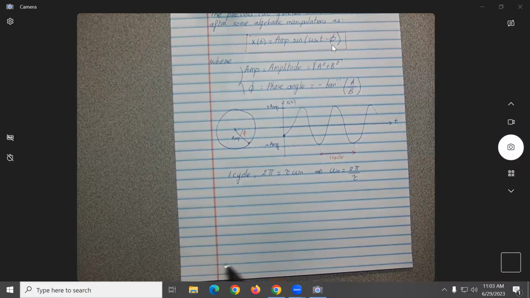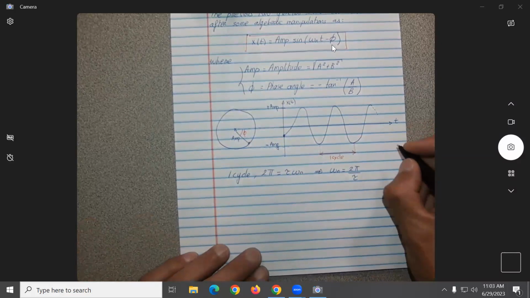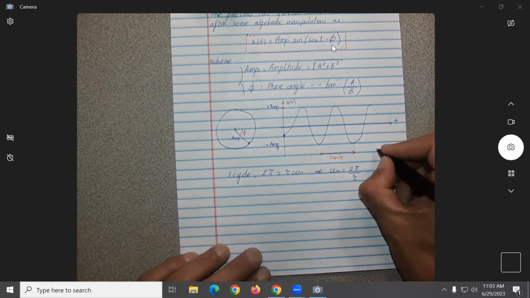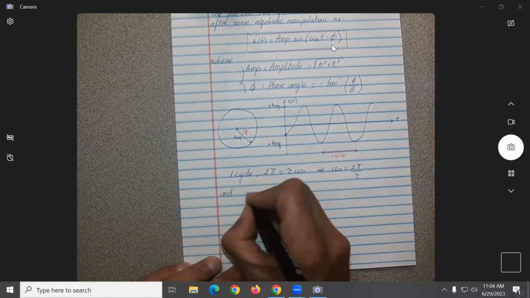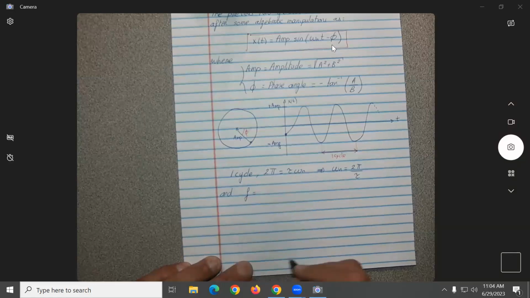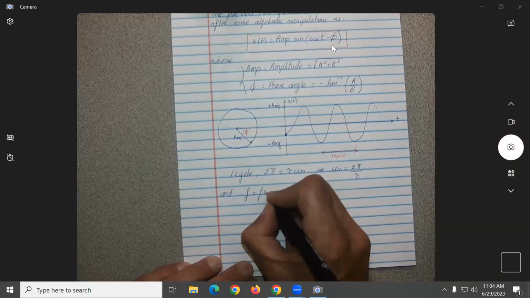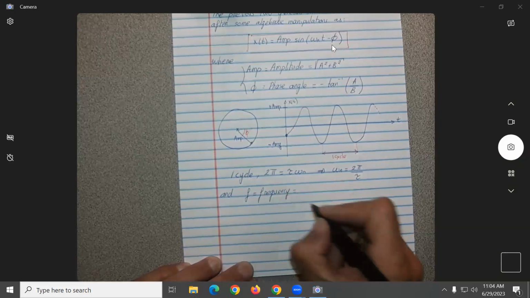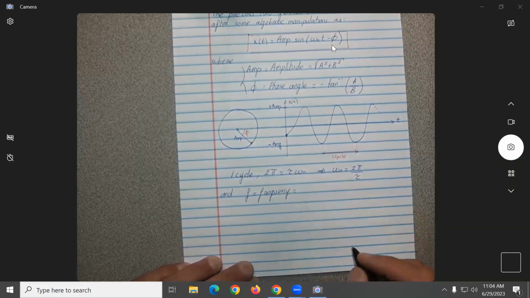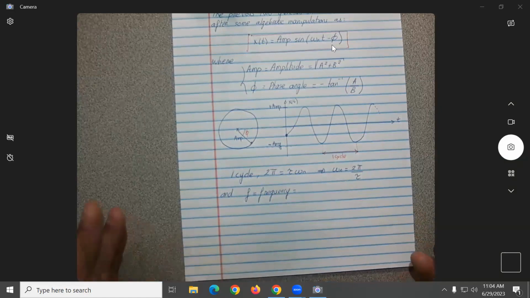And I think from the last time we also said what the frequency will be. What did we say? That the frequency will be equal to what? I think we did that the other day, no? Look at the notes from yesterday. Or the first day, no, from before yesterday.